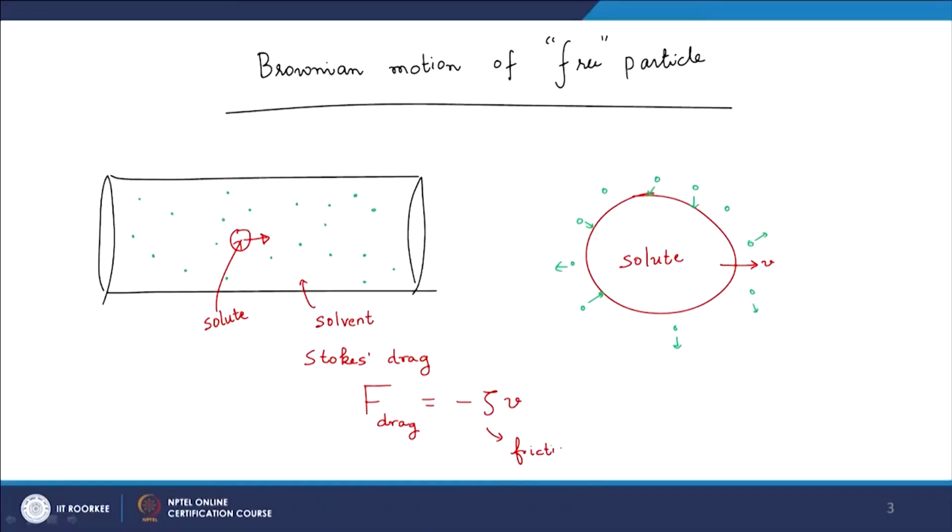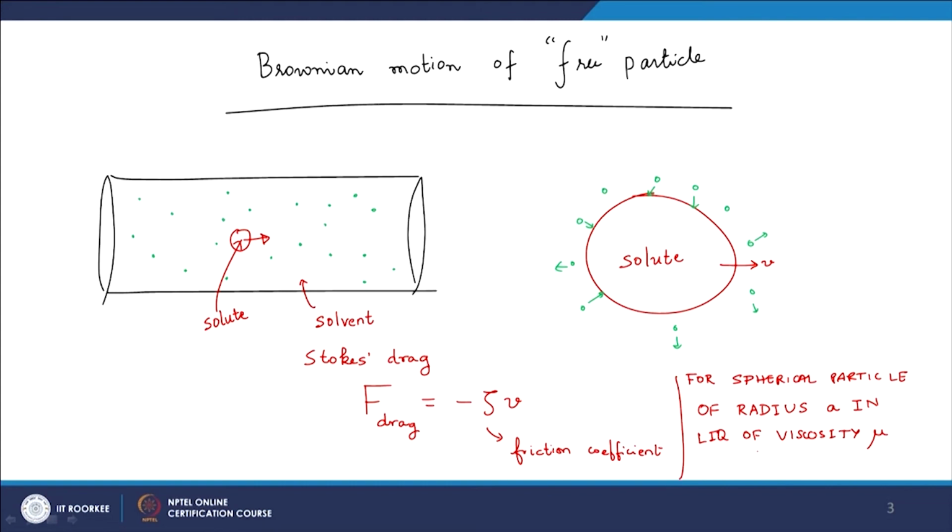Of course, we are going to a no-flow situation in a moment, but let us start with the case when it has some drag because of this, and then this zeta is referred to as the friction coefficient, and for a spherical particle of radius a in a liquid of viscosity eta, we have the Stokes relation zeta is equal to 6 pi eta a.